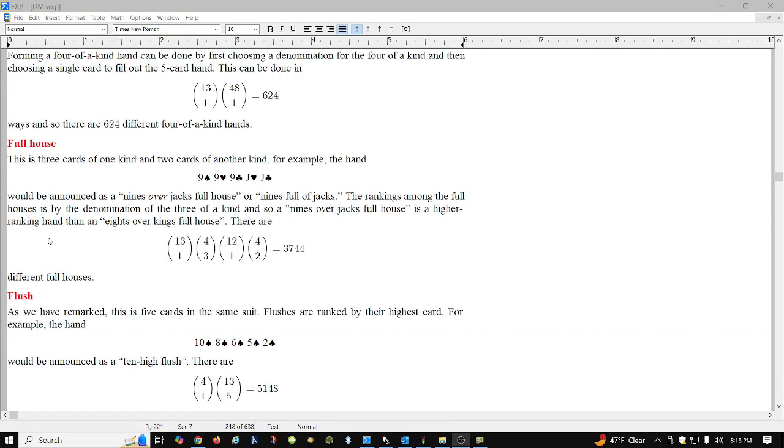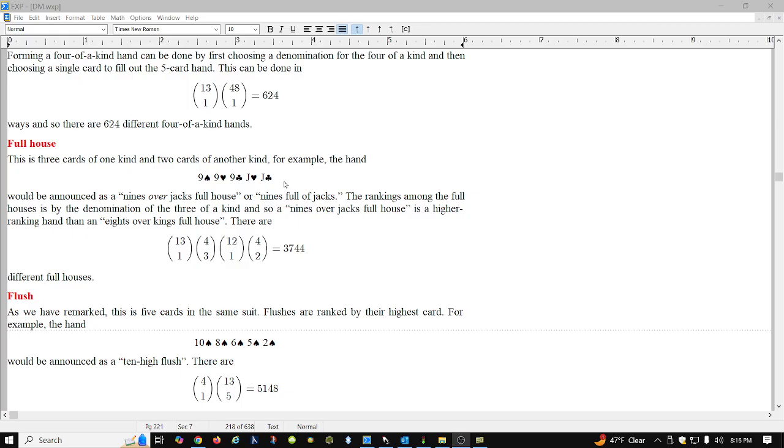Next in order of rank, lower rank, is full house. 3 cards of one denomination and 2 cards of another. This would be announced as a full house, 9s over jacks.